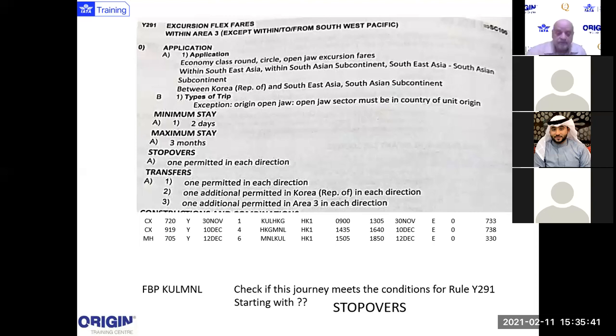So if the fare breakpoint is Kuala Lumpur to Manila, outbound, we've got Kuala Lumpur, Hong Kong, Manila. Could you tell me, is Hong Kong a stopover or a connecting flight? It's a stopover. 30th of November, 10th of December, that's definitely a stopover. Coming back, Manila to Kuala Lumpur, that's point to point. So you can't have stopovers on a point to point.